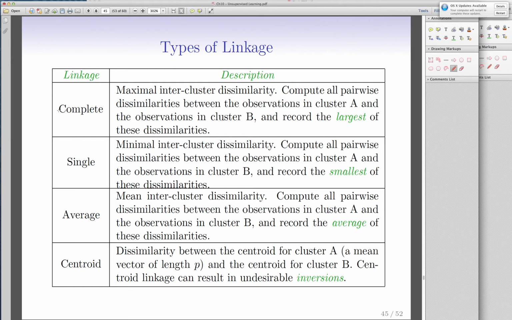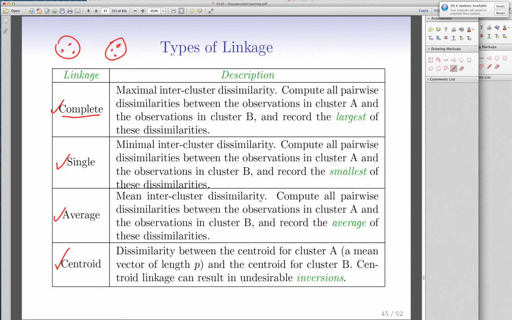Complete, single, average, and centroid. So let me explain each one. So let's work on complete. In the complete case, let's say we have 3 observations here and 3 observations here.